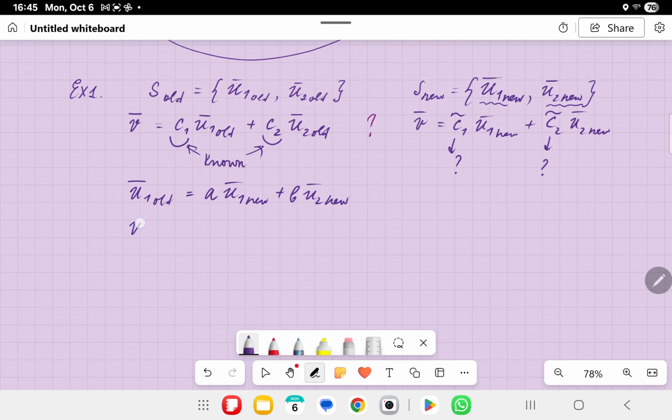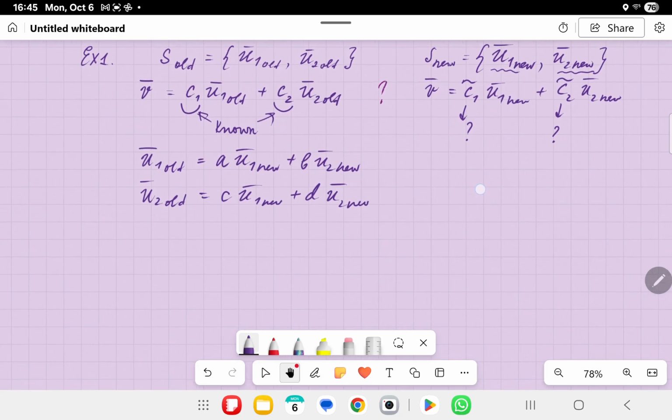Now we can do the same with my second old vector, and I'm going to use C and D. Just a linear combination. C and D are going to be different from A and B because u1 old and u2 old are not generally equal to each other.